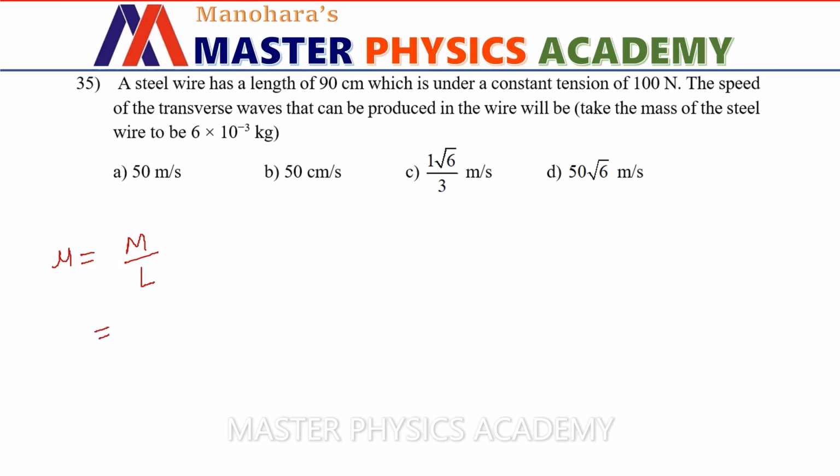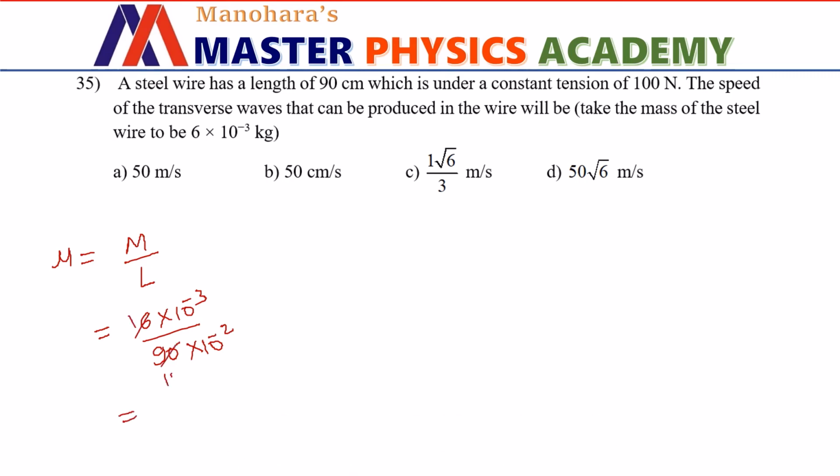The total mass of the wire is 6 into 10 to the power minus 3 and the total length is 90 into 10 to the power minus 2 meters. Upon simplification we'll get 1 by 15 into 10 to the power minus 1 kg per meter as the mass per unit length of the given wire.